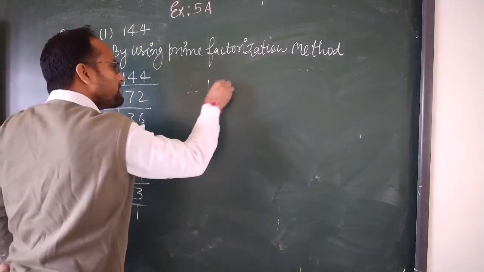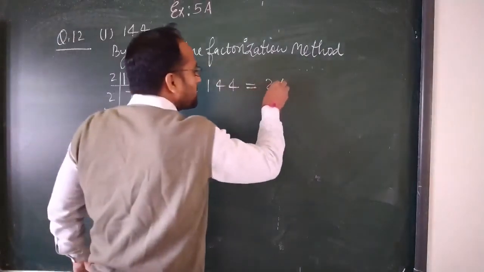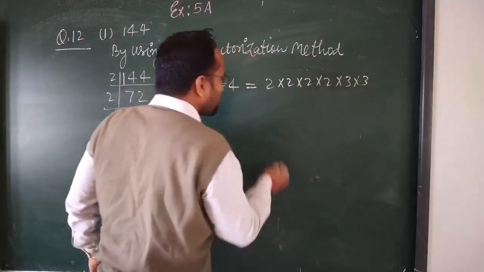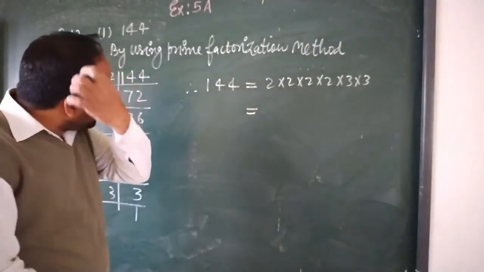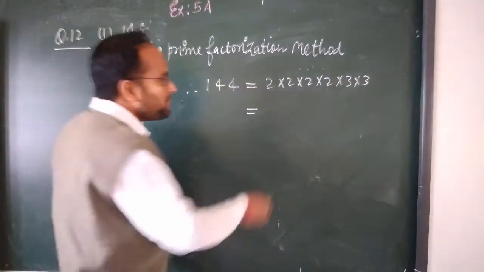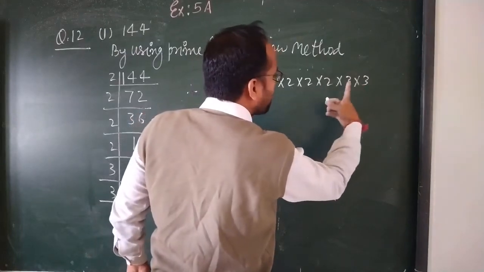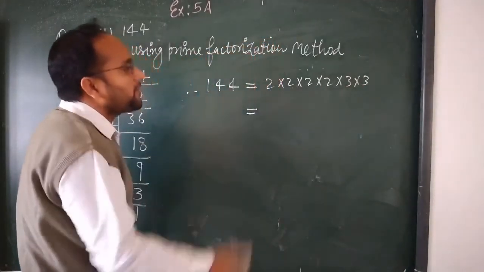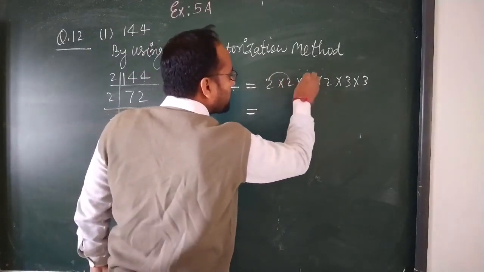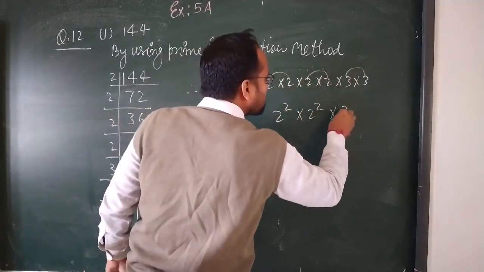So write it in the form of a product. 2 into 2, it comes 4 times, and 3 comes 2 times. In your question it asks to write in the form of a square or cube. So 2 comes 4 times and 3 comes 2 times, it is in the form of a square. So you will write 2 to the power 2 and 3 to the power 2.